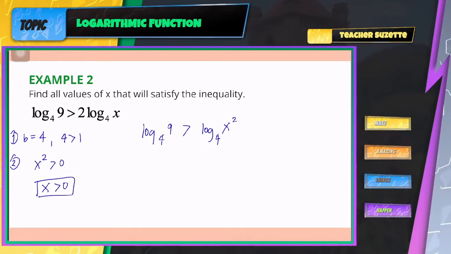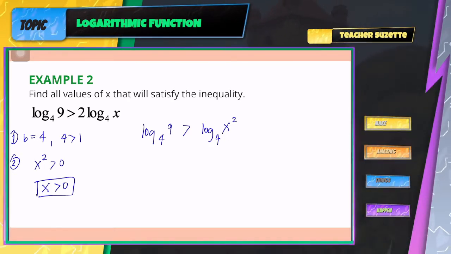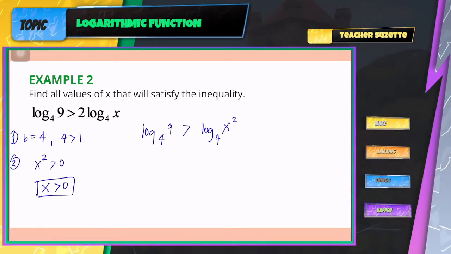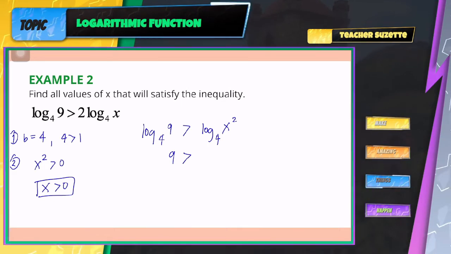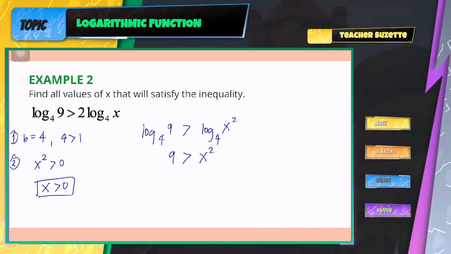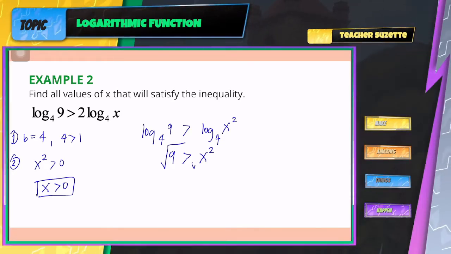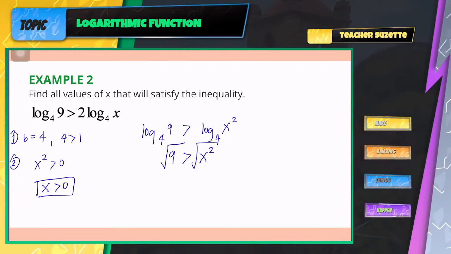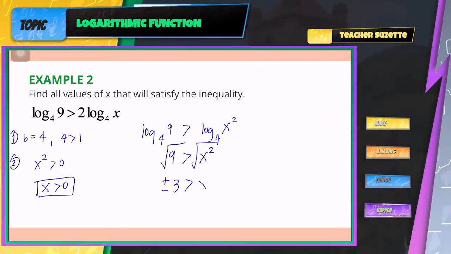So, now, let's proceed with solving for this one. So, using our one-to-one property, we can now express this one as 9 greater than x squared. Kasi nga po, ang base natin is greater than 1. So, same direction lang tayo. Then, by getting the square root of both sides of our inequality, so you will have positive, negative, 3 greater than x.